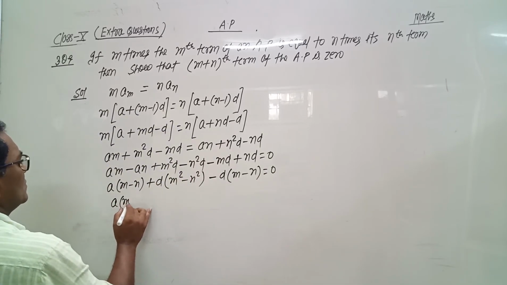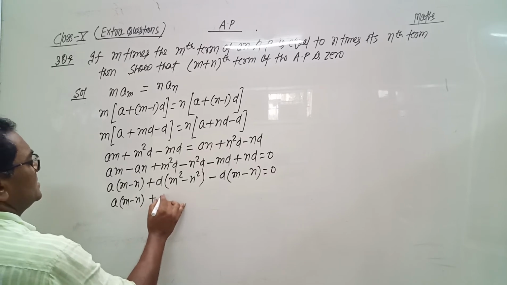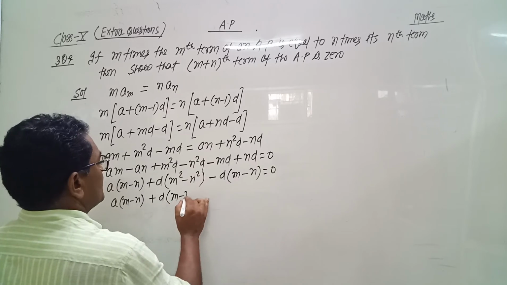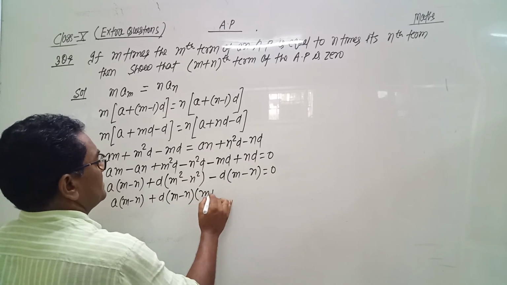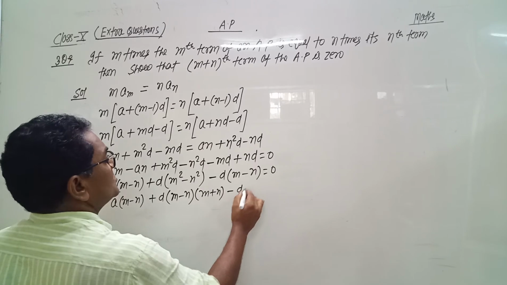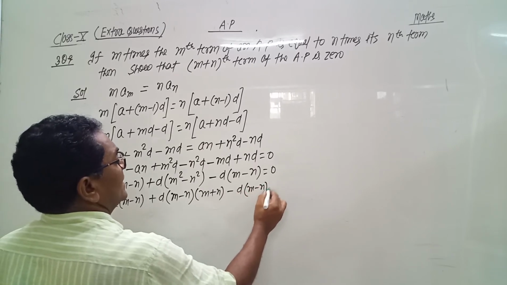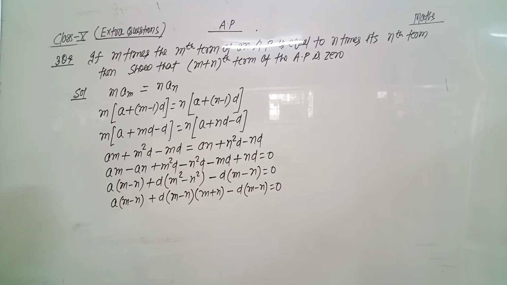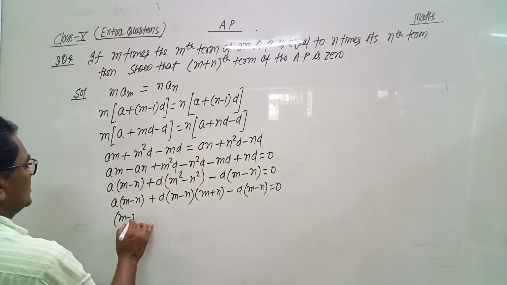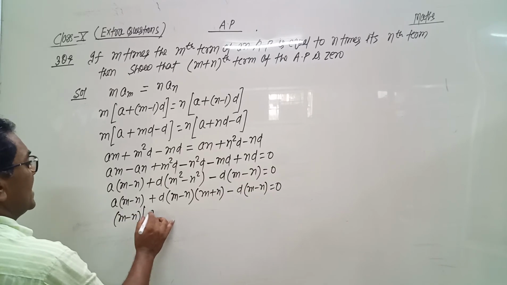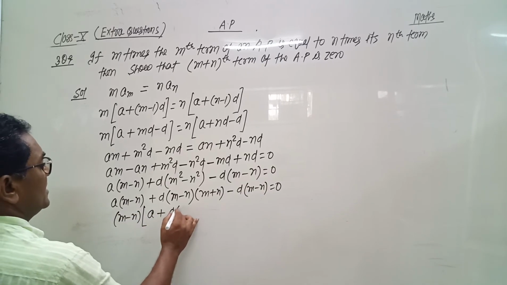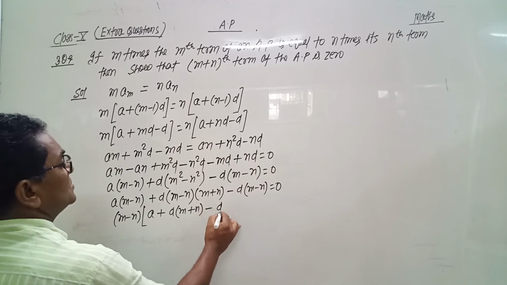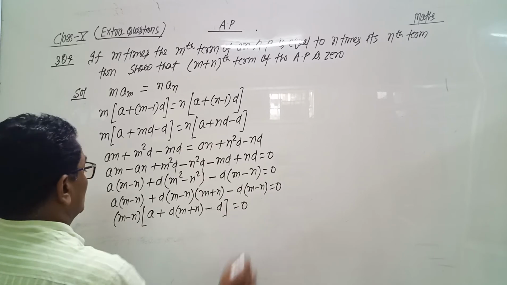Now a into m minus n plus d into, this will be written as m minus n into m plus n, minus d into m minus n equals 0. So from all these terms, m minus n is common, and we get m minus n into a plus d into m plus n minus d equals 0.